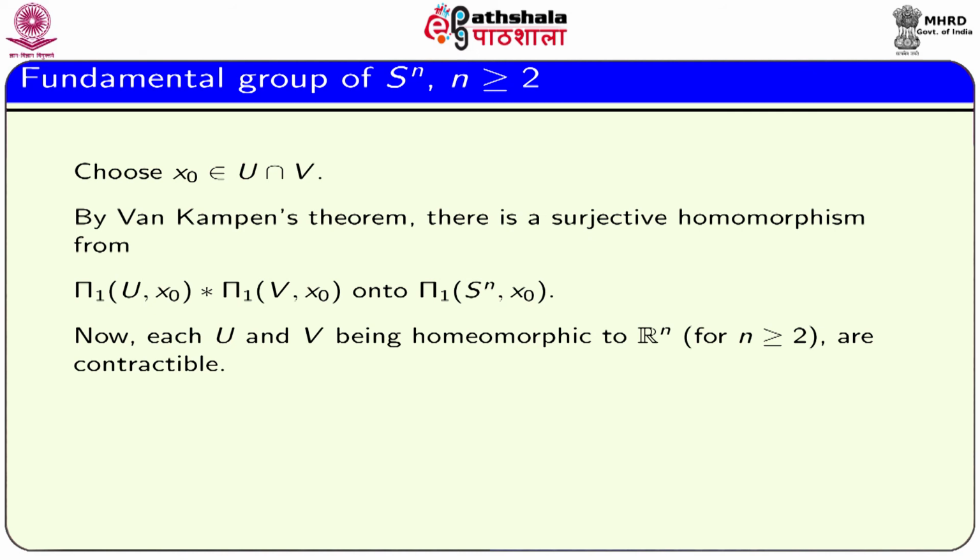Now, U and V being homeomorphic to Rn for n greater than or equal to 2, these two spaces are contractible.